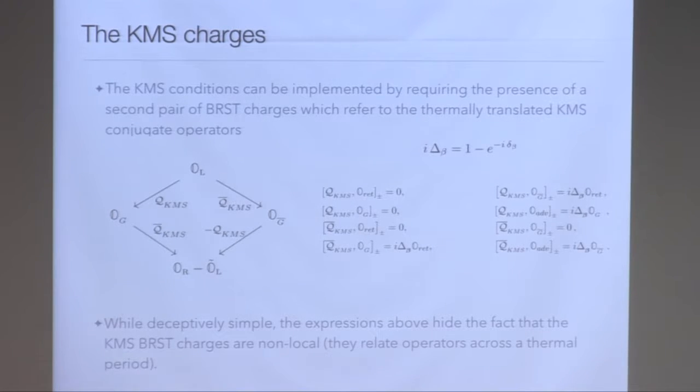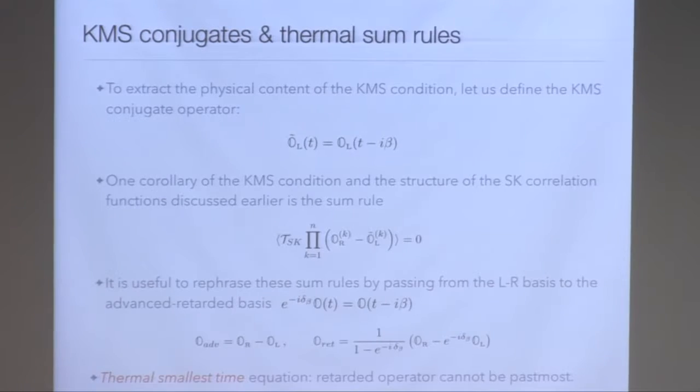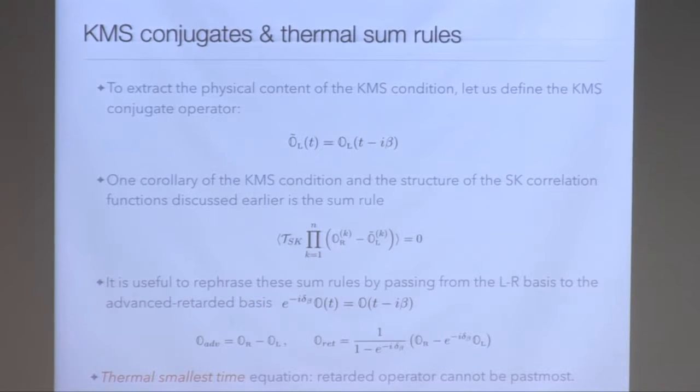Now, the previous discussion was very straightforward because I just moved labels on my operators, right and left got swapped. But I didn't change the time argument. Now, the time argument of one of the operators is non-local in imaginary time with respect to the first, because it's t minus i beta.